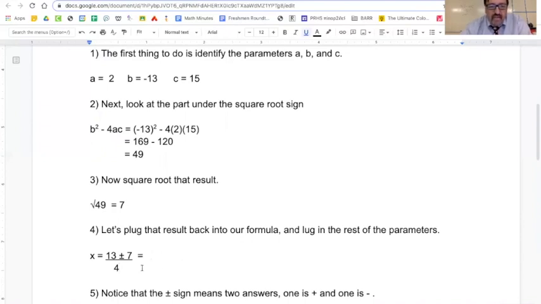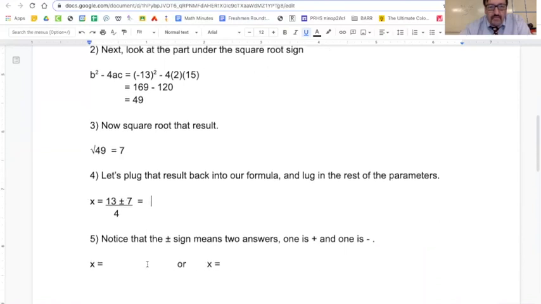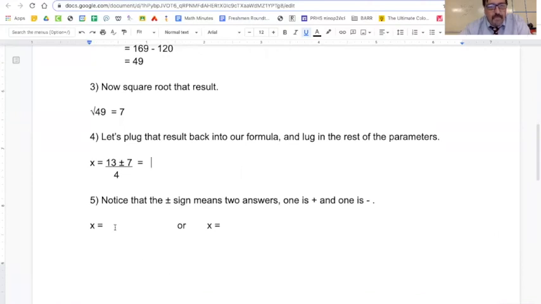And we need to find the answer to that, but it's a little bit complicated because there's a plus and a minus. Let's finish this up. So I notice that there's a plus and a minus here in my equation.